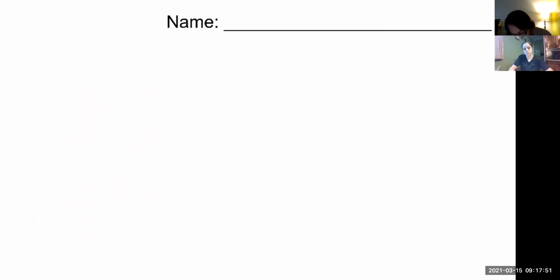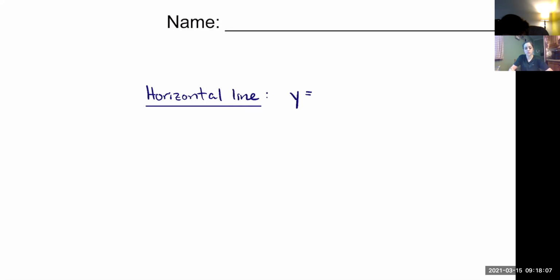So off to the right here in the margin, a couple reminders. You know it's a horizontal line if the equation is y equals some number. So no other variables, no other numbers, just y equals a number.